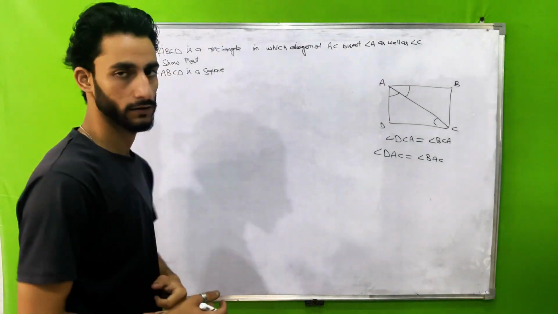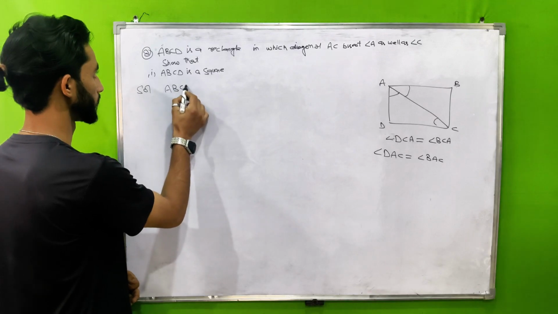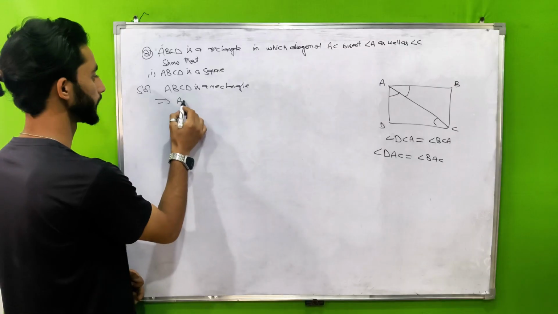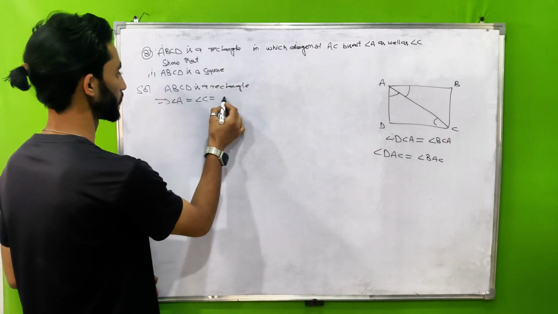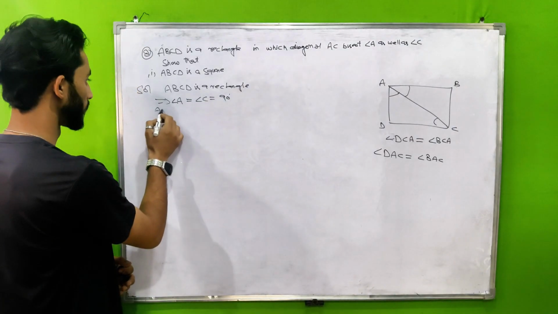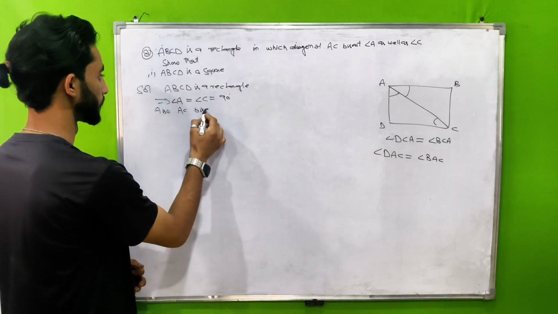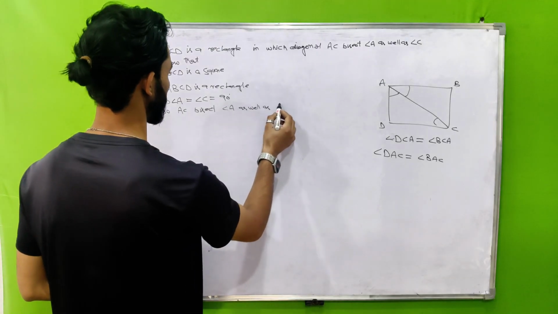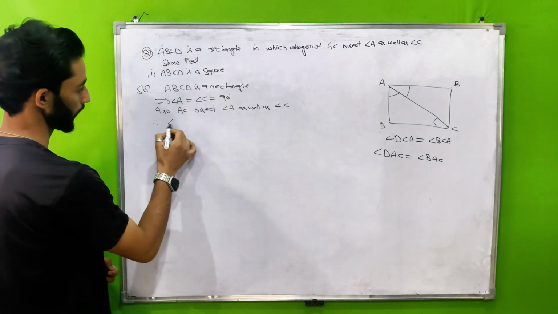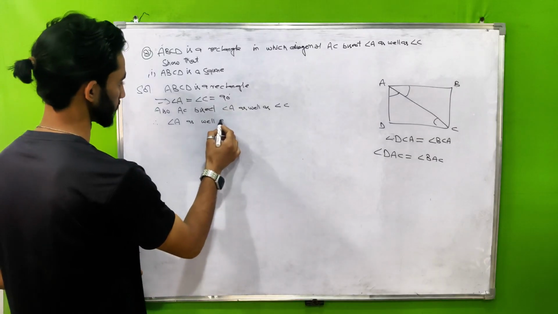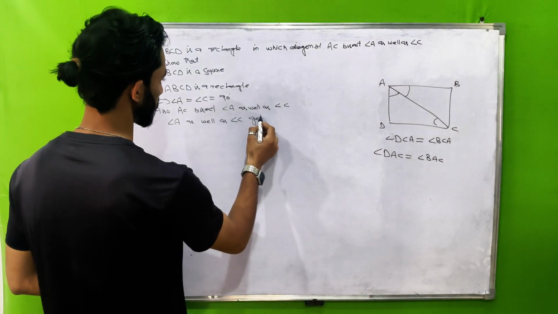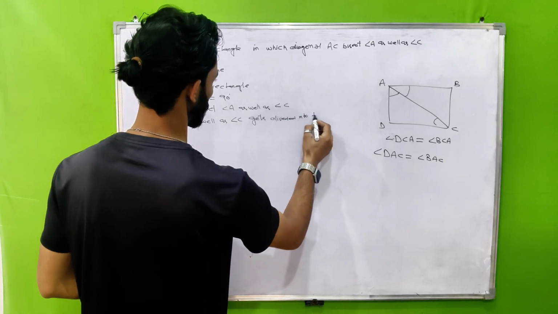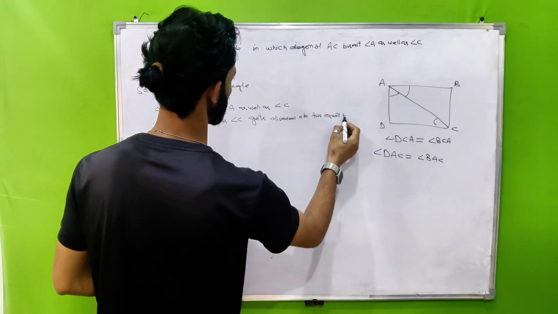Let's move towards the solution. ABCD is a rectangle, implies angle A is equal to angle C is equal to 90 degrees. Also, AC bisects angle A as well as angle C. Therefore, angle A as well as angle C gets divided into two equal parts.